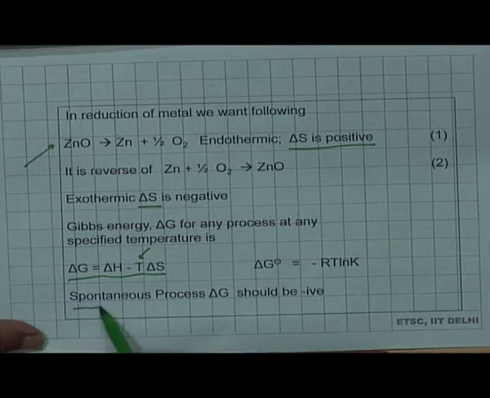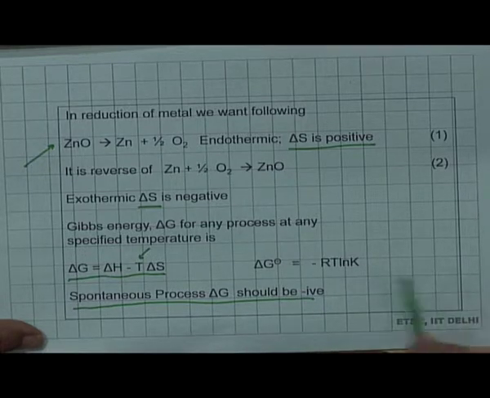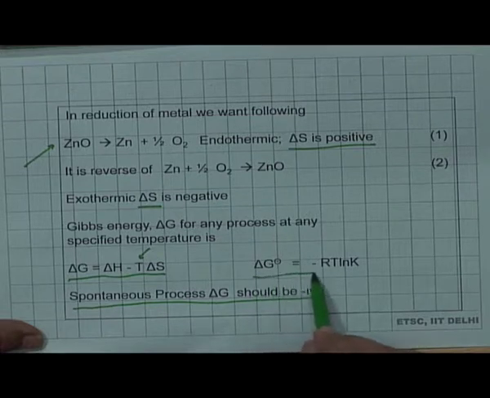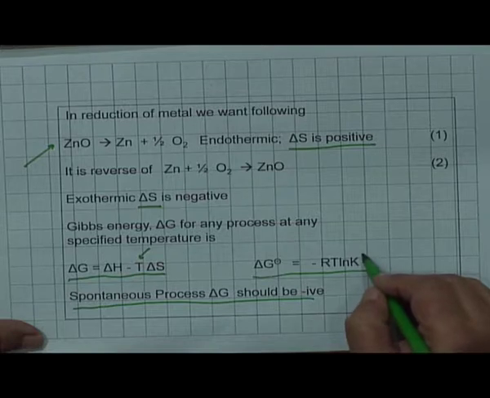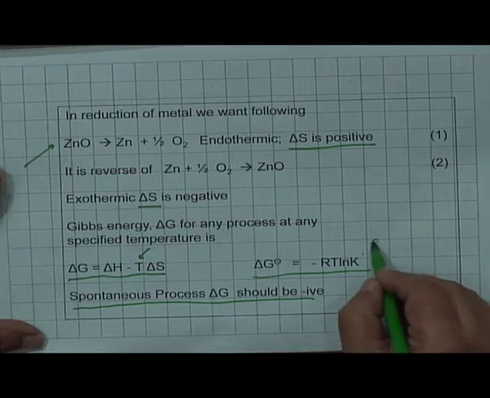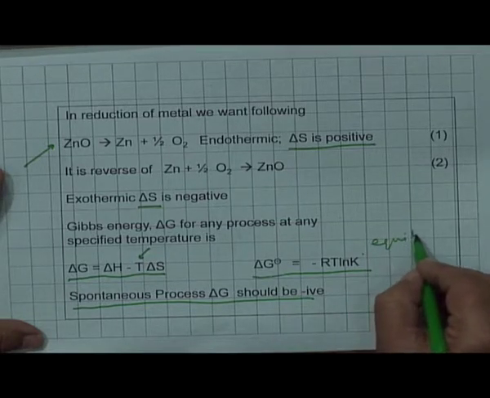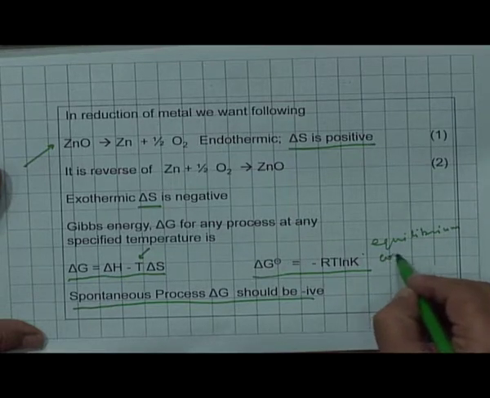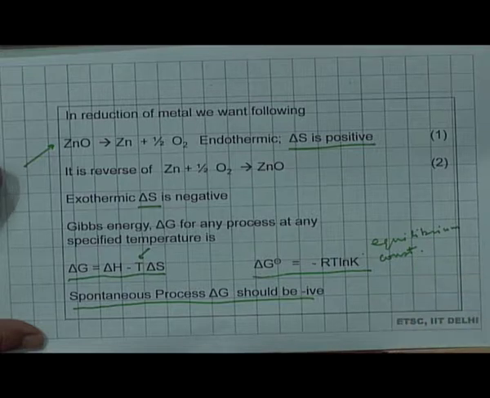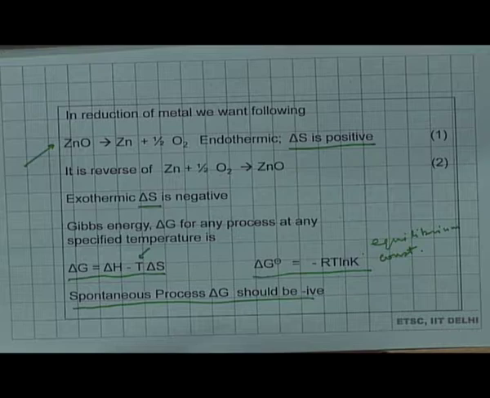But if delta G is not negative, then the process cannot be spontaneous and the reaction cannot go. This delta G is also represented by the equation delta G = minus R T ln K, where K is the equilibrium constant of the reaction for which we are writing the value of delta G.